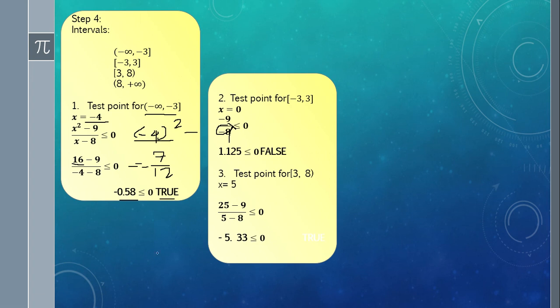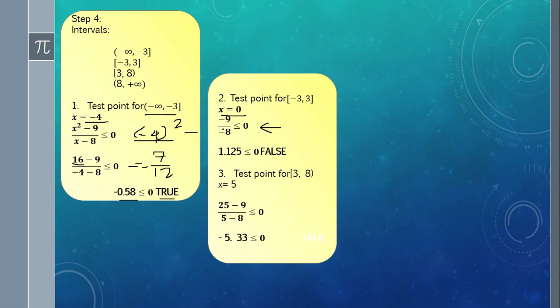How about the second test point? For our second test point, we choose the value 0 because 0 belongs to the interval from negative 3 to 3. It's in between them, so 0 is really okay. As we substitute that, our original inequality will be negative 9 over negative 8 is less than or equal to 0.